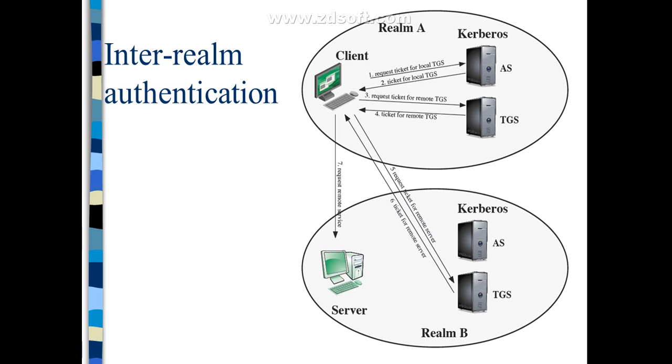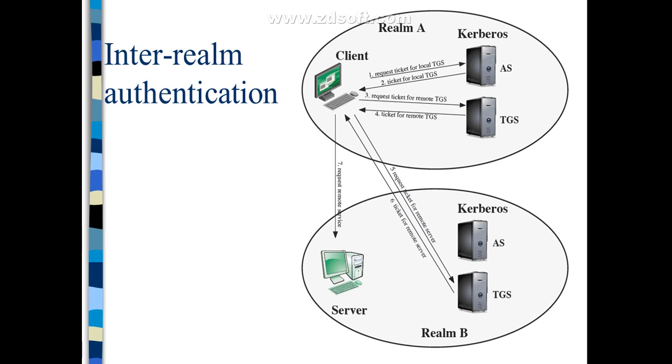That's why the client is requesting a remote TGS here, which was not there in version 4. In version 4 the service was available in the same realm, so it requested only the TGS. In this case the service required is in another realm. That's why the client is requesting a ticket for a remote TGS.